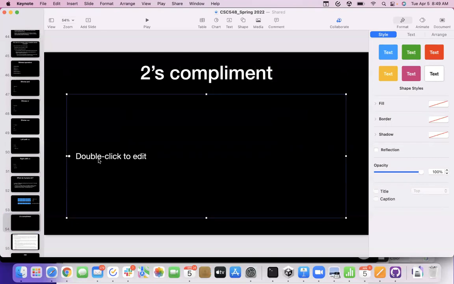So I have something called 2's complement, and this is a mechanism for storing positive and negative numbers in binary.